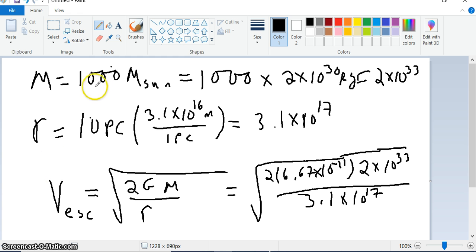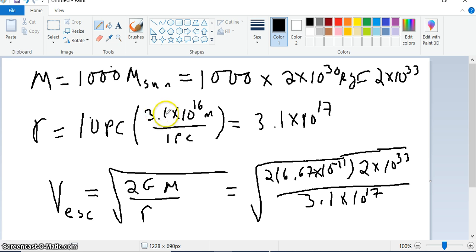All right, so these are the numbers that they give us. The mass of the cloud is 1,000 times the mass of the sun, so that would be 1,000 times 2 times 10 to the 30th kilograms. So that gives us, very simply, 2 times 10 to the 33rd kilograms. All right, and then the radius, they give us, it's approximately spherical, and it's 10 parsecs is the radius.